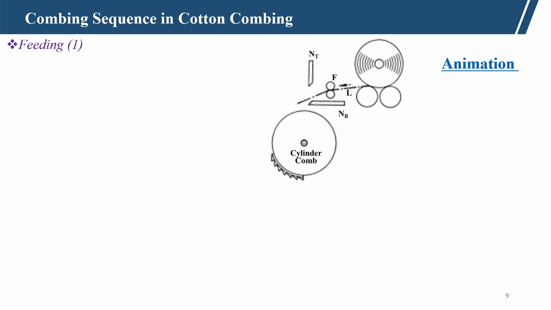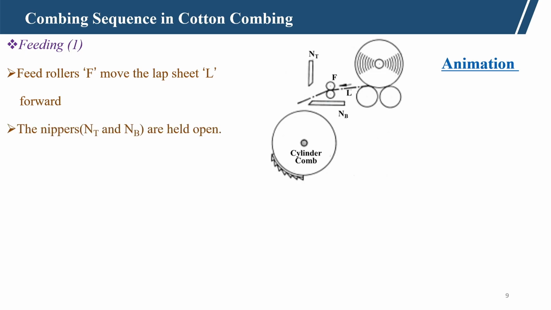The feed roller F moves the lap sheet L in the forward direction. The nippers are held open because during feeding the nippers will be opened, otherwise the feeding will not take place.